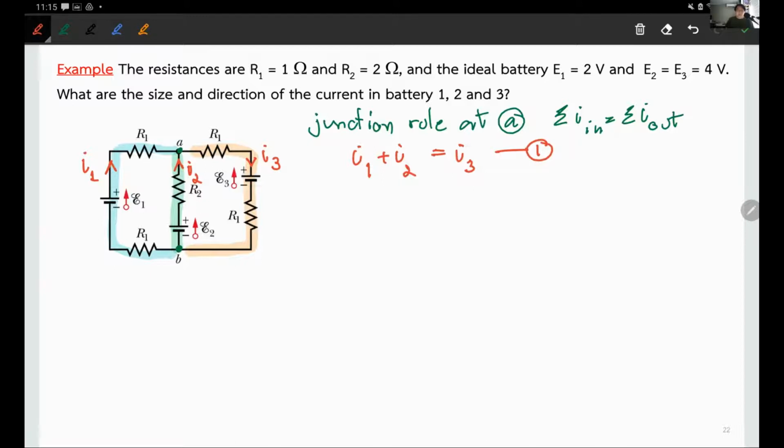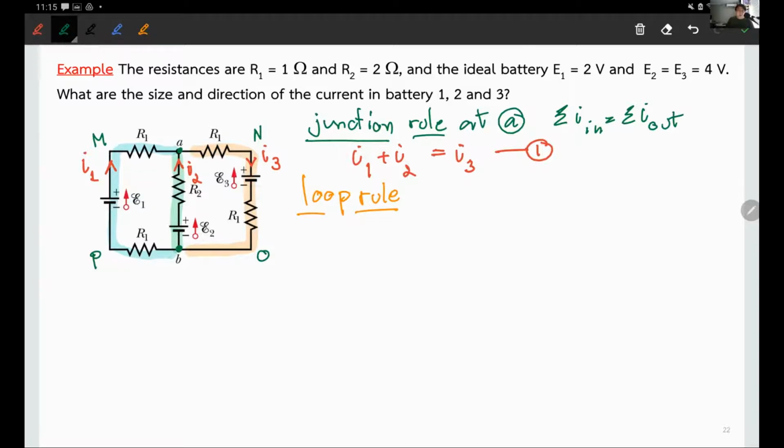Now let's apply the loop rule. Pick a loop that you feel comfortable with. But actually, it's just going to be a single loop. I'm going to go M, N, O, P, just so we can communicate.